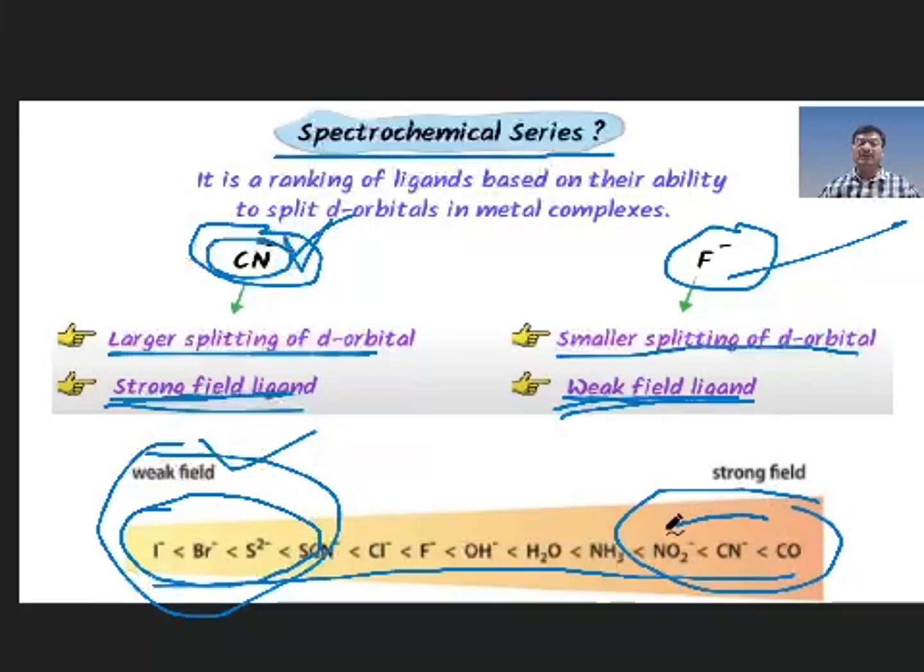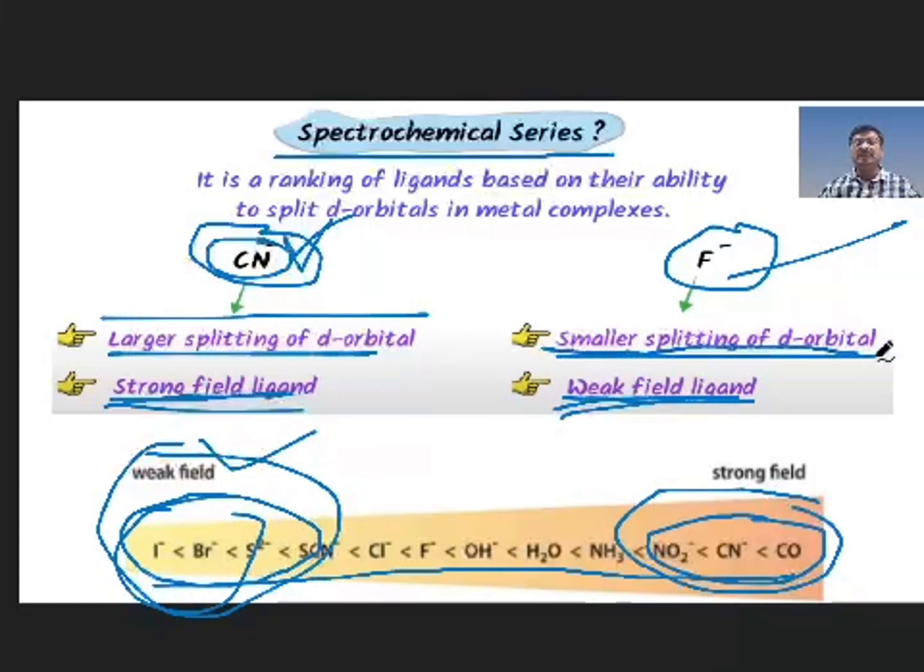That means when these ligands are attached to the central metal ion, they repel the orbitals more. That's why these have larger splitting, and the weak ones have smaller splitting. So depending upon the strength of the ligand, the d orbital splitting takes place.